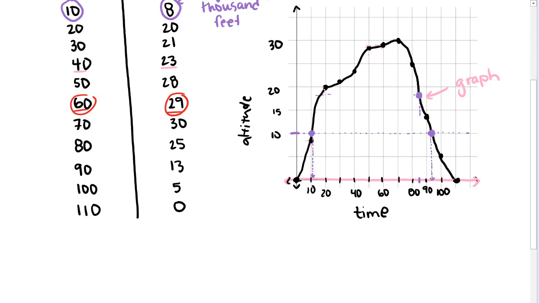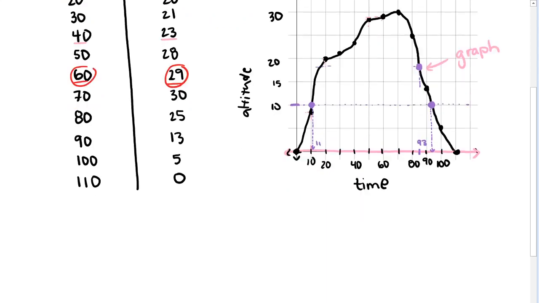So it might be safe to say that maybe at 11 minutes and maybe at, I would say, 93 minutes, we have the plane at 10,000 feet in the air.